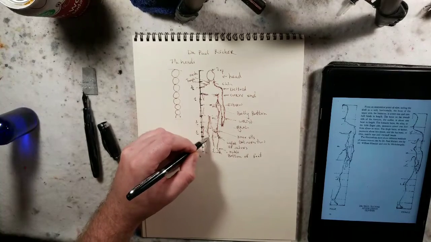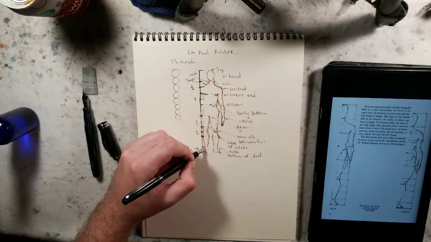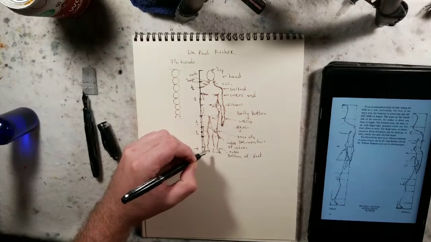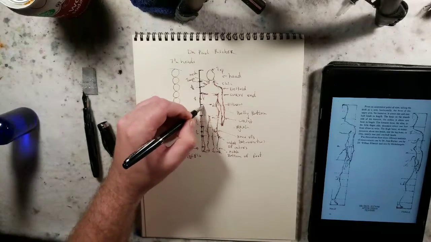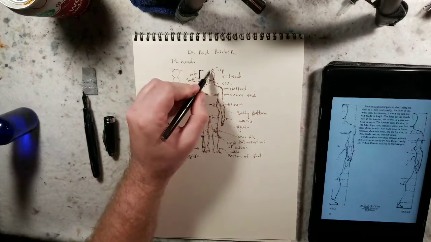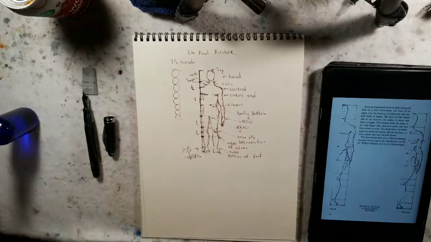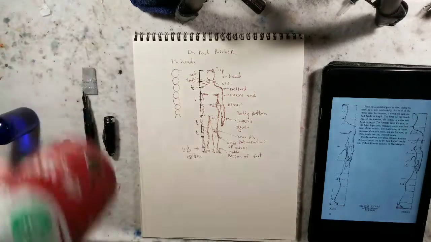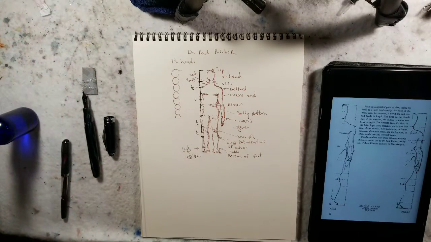It comes back in for the ankle. And then we have the foot. So it didn't have this other side drawn for this figure. I'm just sketching it in a little bit so we can have that there. So that is the proportion guide based off of this. And like I said, if this is from around the 1920s, this must have been relatively popular for other people during that time period.